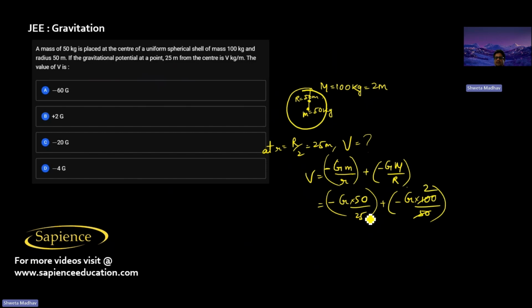So 25 twos are 50, 50 twos are 100. So this will be equal to minus 2G minus 2G, which is equal to minus 4G. So option D is the correct answer.